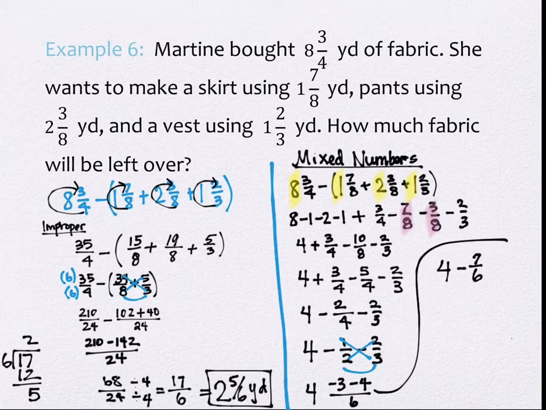What would the mixed number version of 7/6 be? 1 and 1/6. So this is 4 minus 1 and 1/6. And do you see a 4 and a 1 that could again be combined? Yep. So this becomes 3 and 1/6.